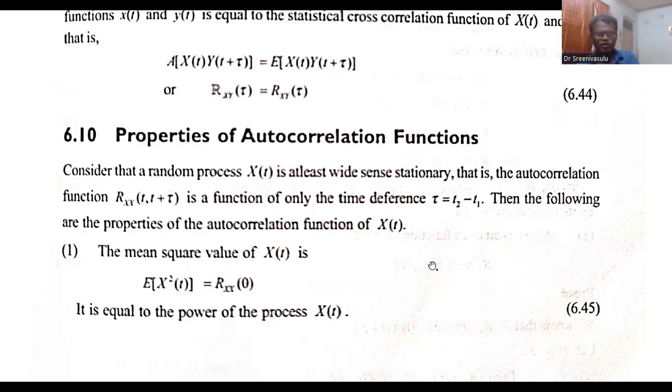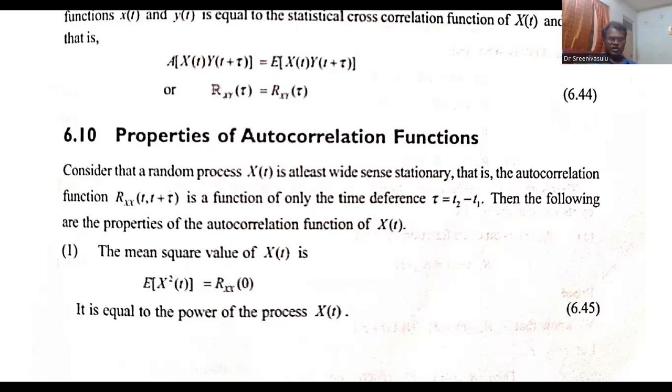Now, here, if you see this Rxx of tau, or Rxx of t comma t plus tau, t is one time instant in a random process, and t plus tau is another time instant in that random process.